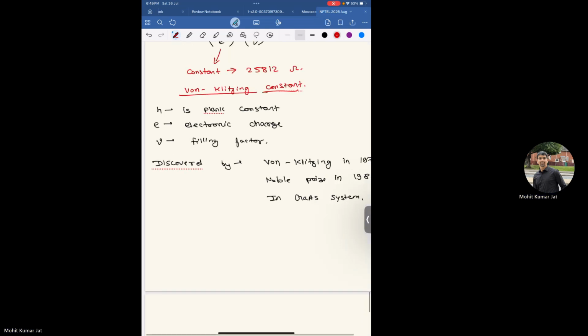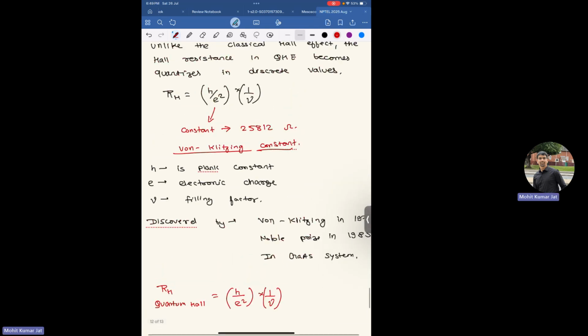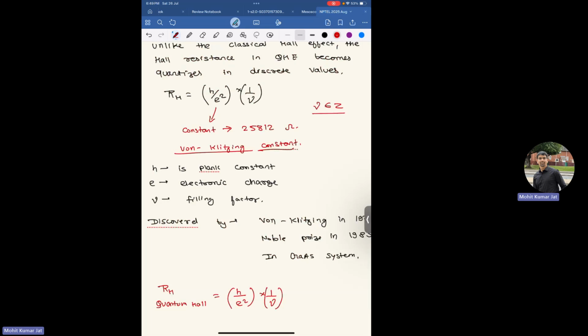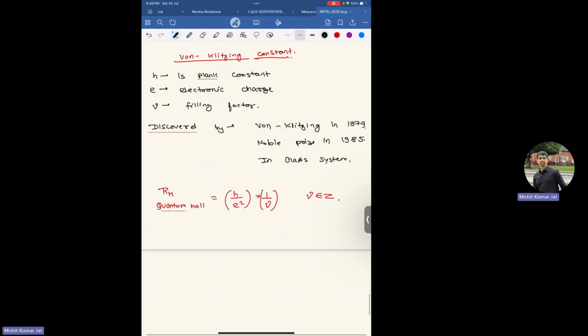So if you see the key difference here, your RH quantum Hall is h by e squared times 1 by nu, where nu is an integer. But classically, RH is 1 by Ne, minus 1 by Ne.